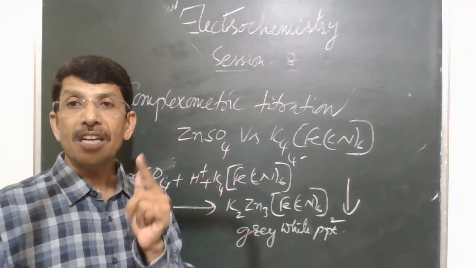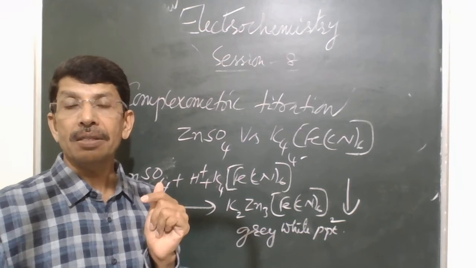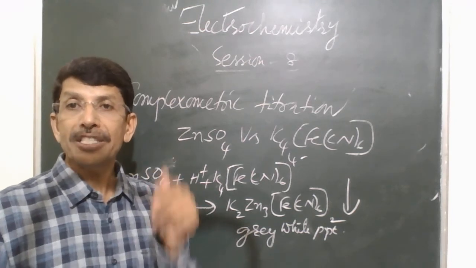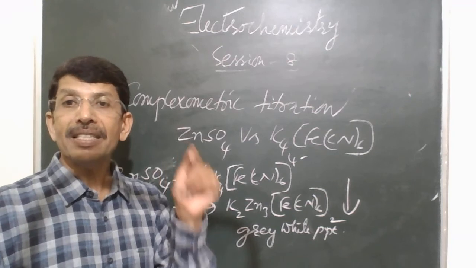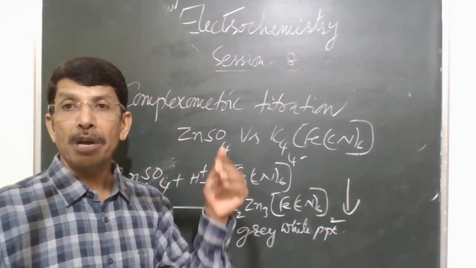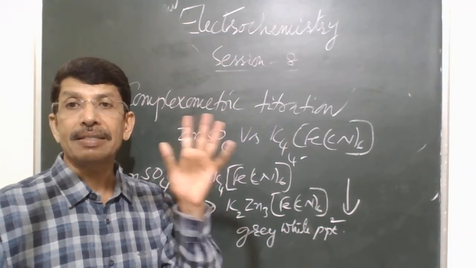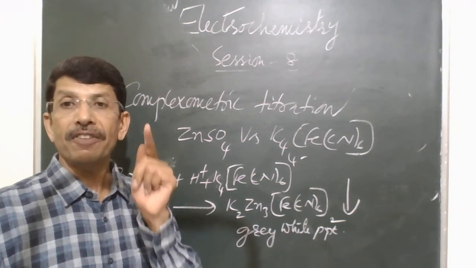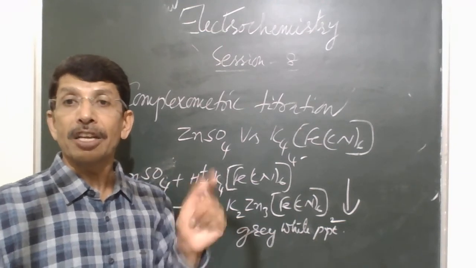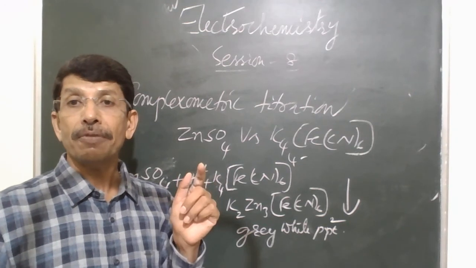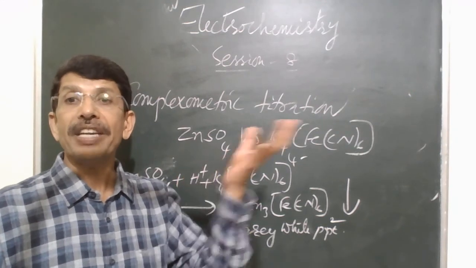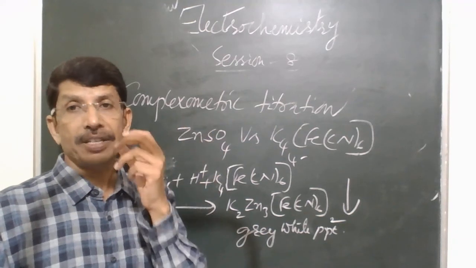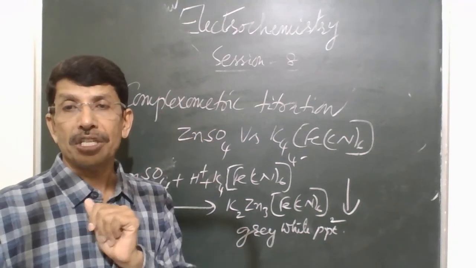Therefore, with the change in concentration of ferrocyanide ion, there should be change in EMF, because we want to determine the change in EMF for different volumes of standard zinc sulfate added. So there should be change in the electrode potential of the indicator electrode, because the calomel electrode is a reference electrode whose potential does not change.